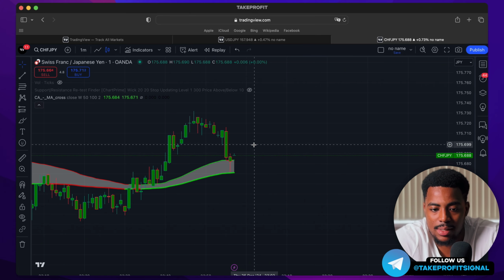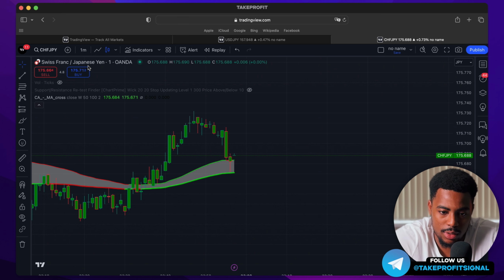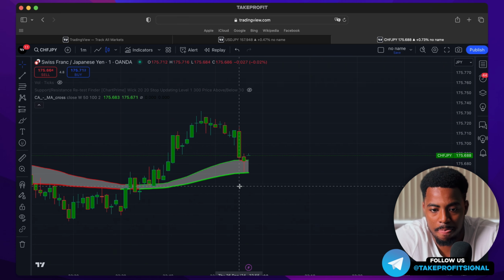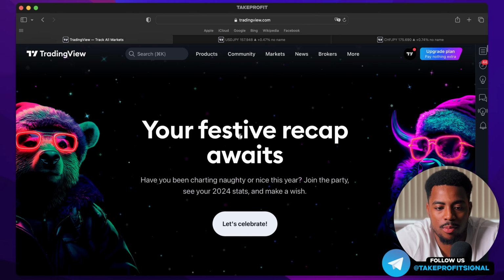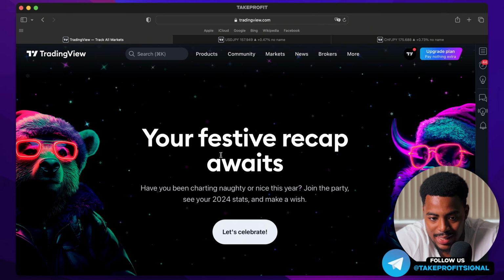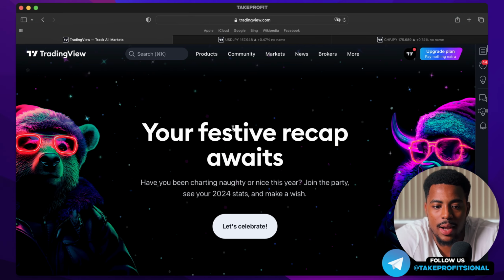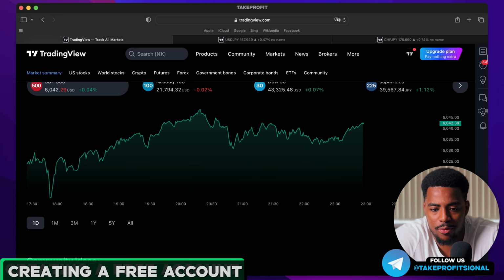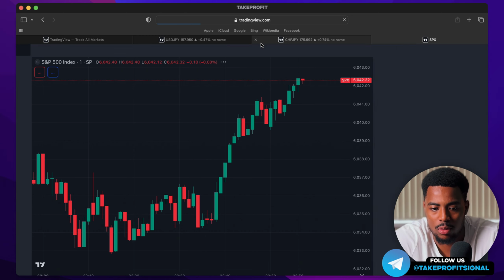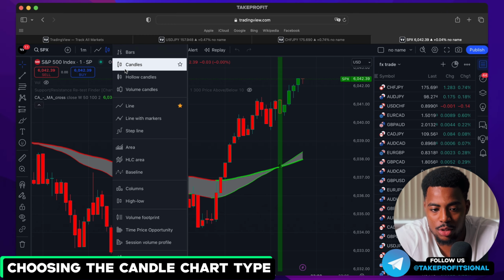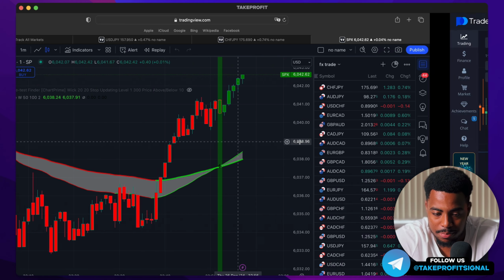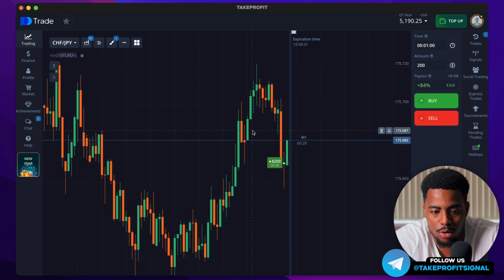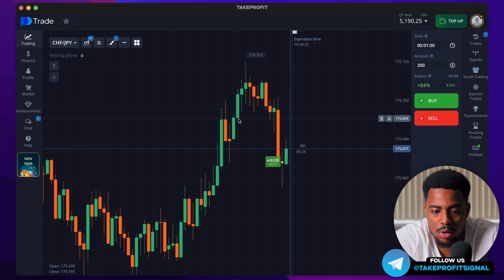This is exactly the same chart on the Swiss franc against the Japanese yen, only on the TradingView platform. TradingView is a platform where absolutely all traded assets are collected. So let's go ahead. Create a free account, open any chart on the full screen. Don't forget to choose the candlestick chart type and the minute time frame. Next, we switch to our broker, absolutely anyone where you trade.